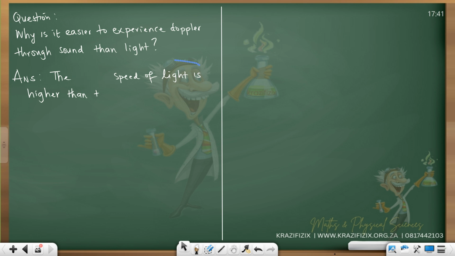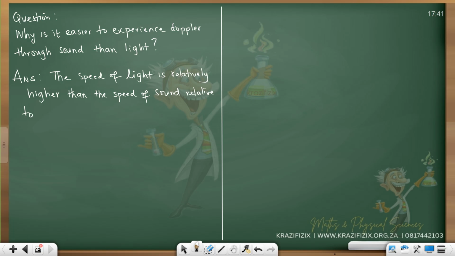The speed of light is relatively higher than the speed of sound, relative to humans as observers.